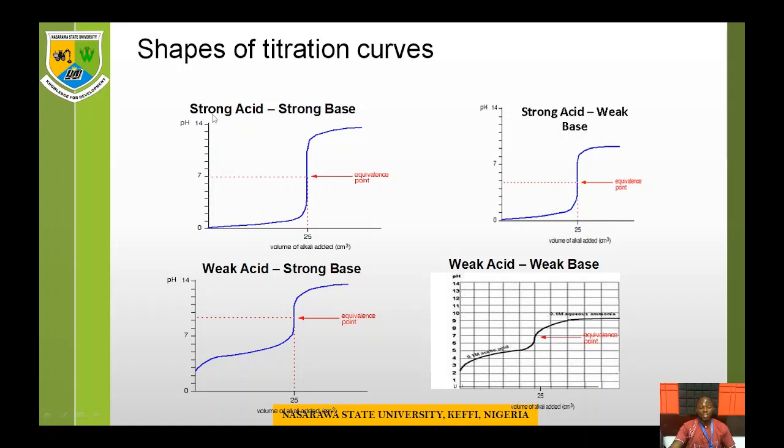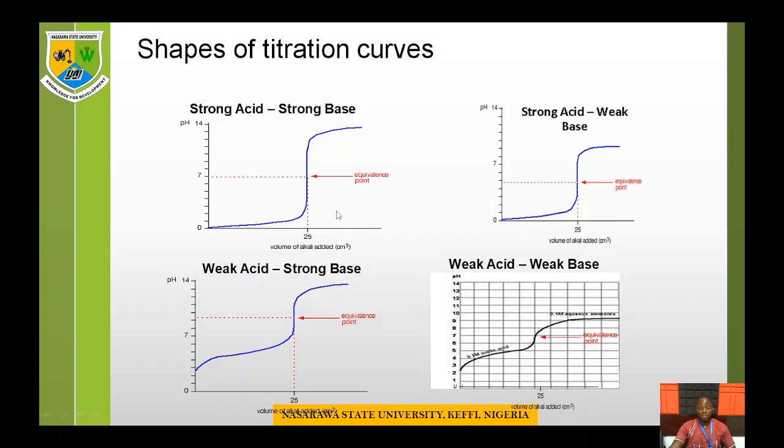So when a strong acid reacts with a strong base, this is the pattern. You have on the y-axis the scale of 0 to 14, which is the pH range. Then on the x-axis is the volume of the alkali that was added.